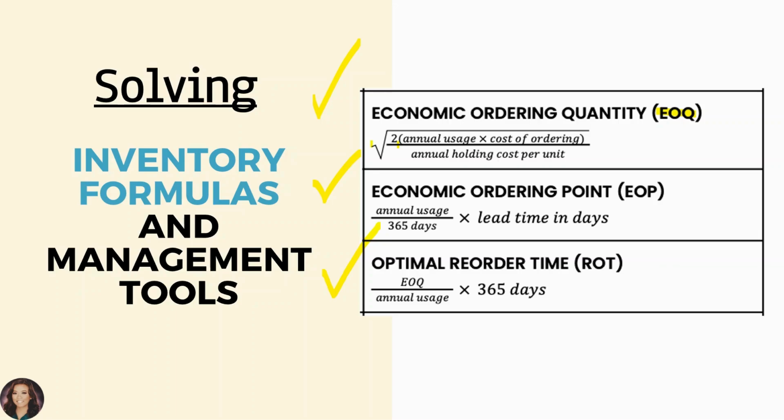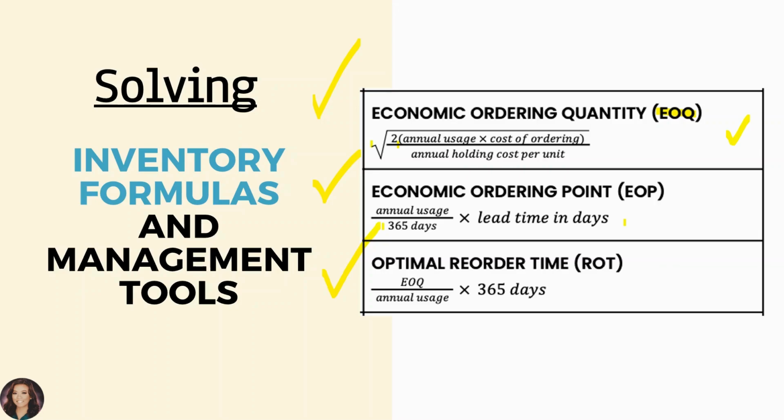And then for EOP, annual usage will be divided by 365 days times your lead time in days. Lastly, for ROT, EOQ divided by annual usage times 365 days.